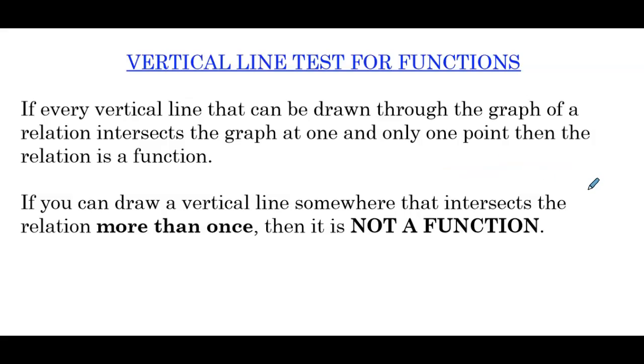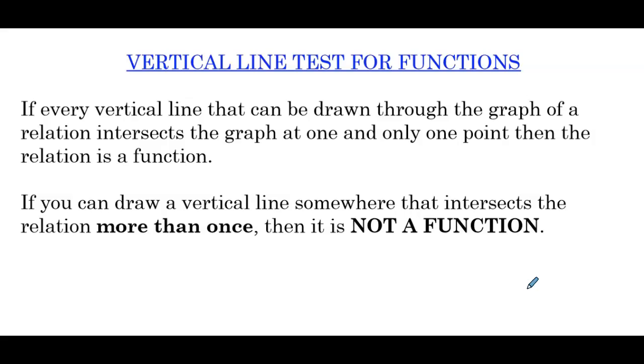So the vertical line test for functions states that if every vertical line that can be drawn through the graph of a relation intersects the graph at one and only one point, then the relation is a function. If you can draw a vertical line somewhere that intersects the relation more than once, then it is not a function.